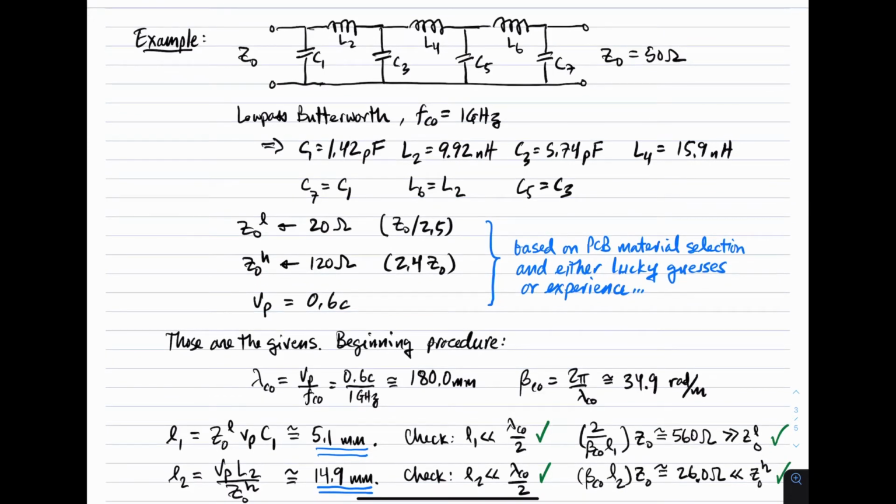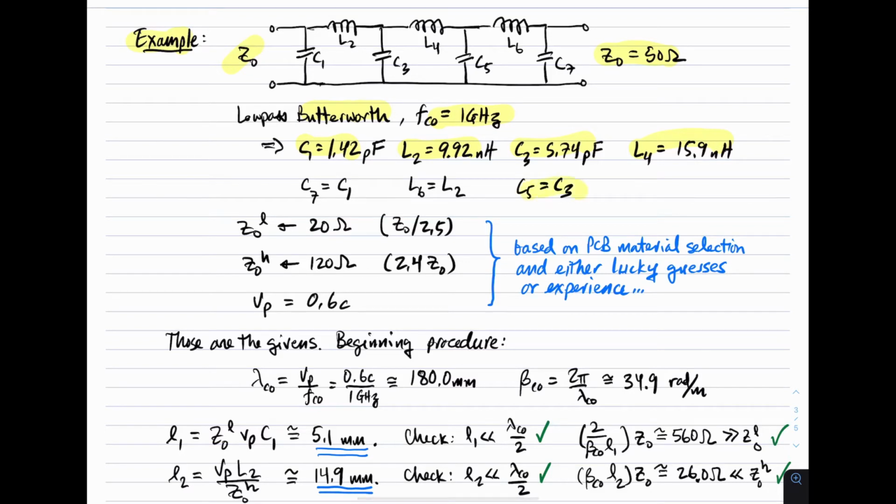So, here's an example. I'm coming into this problem with a worked out design for a Butterworth low-pass filter. The cutoff frequency for this filter is 1 gigahertz. The input and output impedances are 50 ohms. And in order to achieve this response, here are the component values, C1, L2, C3, L4, and this is a symmetrical design.